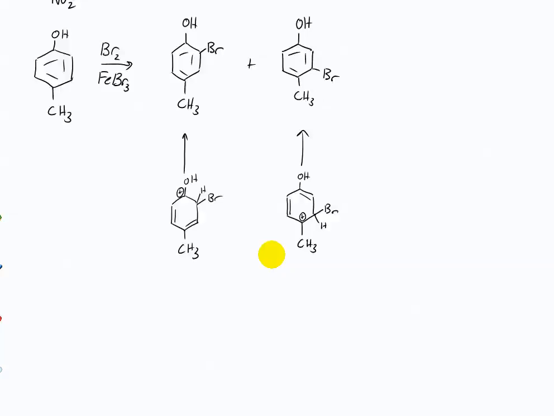If you don't believe me in that, or you don't understand where that came from, make a note to draw out your own resonance forms when you're studying as well. All right. So what's happening here? Which of those two intermediates is more stable?